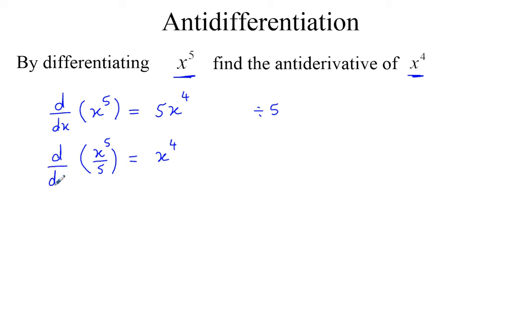So now the statement is changed to the derivative with respect to x of x to the power of 5 over 5 is equal to x to the power of 4. Therefore now I can say that the antiderivative of x to the power of 4 with respect to x is equal to x to the power of 5 over 5.